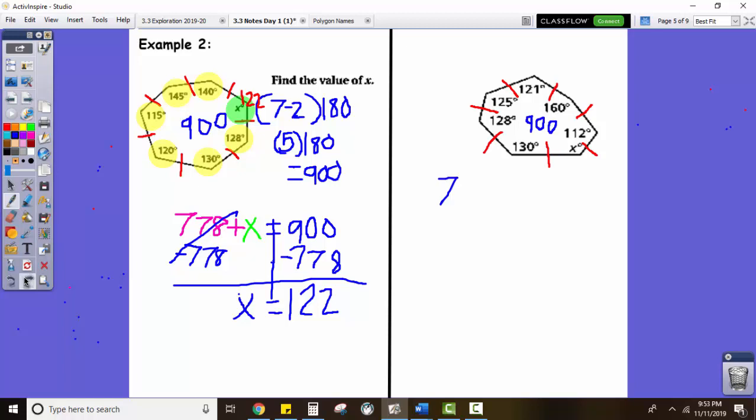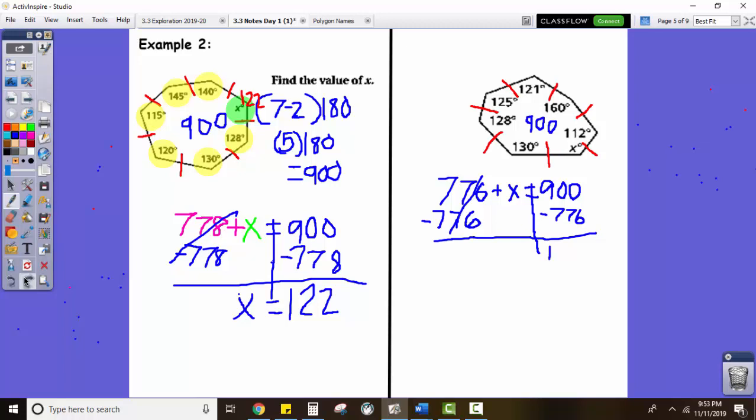So I'm going to start my equation off by saying 776 plus x, this missing angle, should equal 900 degrees. Then when I go to solve for x, take away 776. 776 is 0, so 900 take away 776 is 124. So the missing angle x is 124.